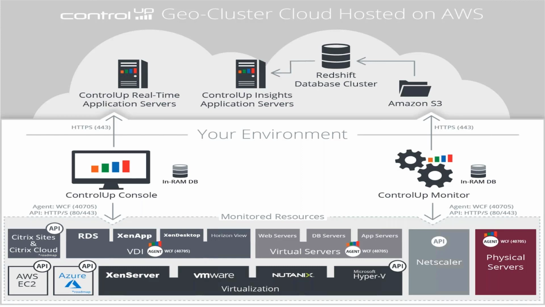Via the console, they connect the relevant components, whether it's the virtualization stack, specific Windows endpoint servers, NetScalers or VDI solutions, which are part of the supported components, and then start consuming the real-time grids and run actions. In addition, you can deploy the ControlUp monitor service from the console, to enable 24/7 data uploads and incident triggers.